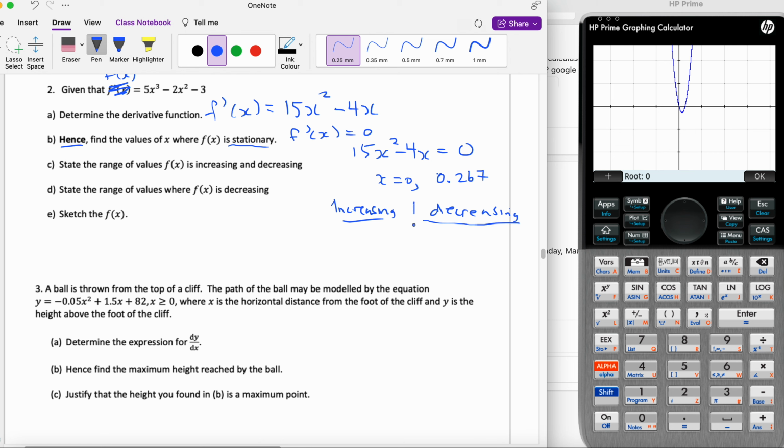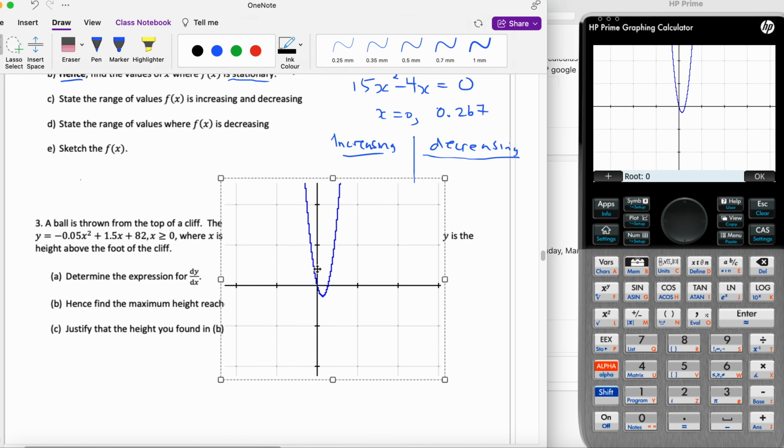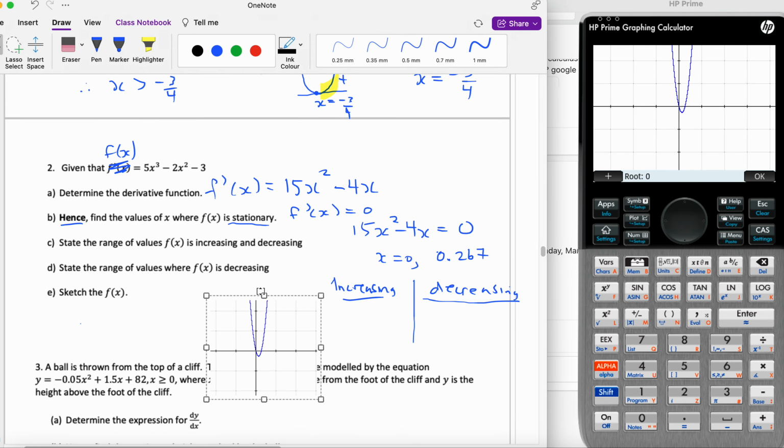You may not like this, but remember what this is. These are derivatives, okay? And what that means is that basically these are all slopes. Here, again, you're not looking at the original function.